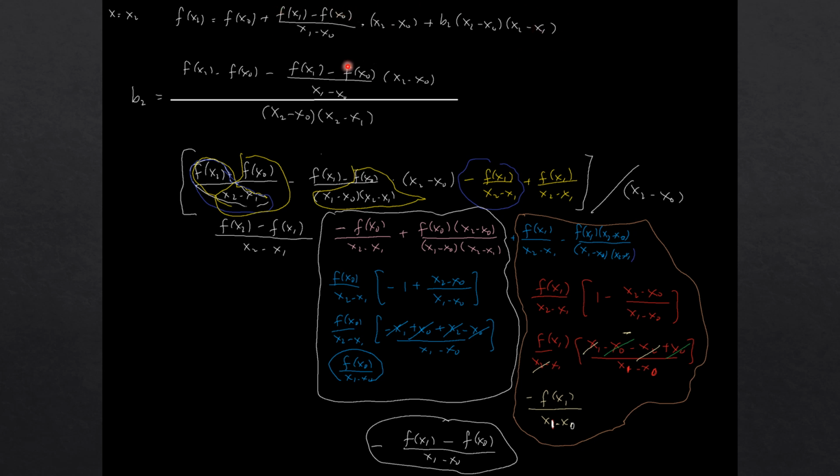We transposed everything to the left except for b sub 2. So b sub 2 is equal to f of x sub 2 minus f of x sub 0, and it becomes minus after transposing, that will be f of x1 minus f of x0 all over x1 minus x0 times x2 minus x0, everything divided by x sub 2 minus x0 and x sub 2 minus x sub 1. So these are the manipulations done on the equation in order to simplify our b sub 2.